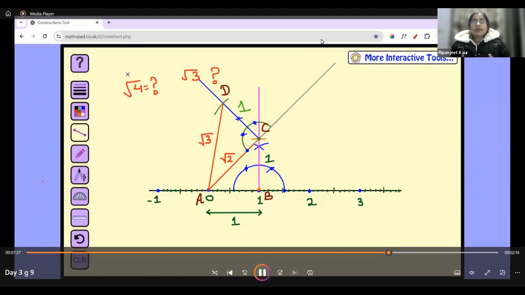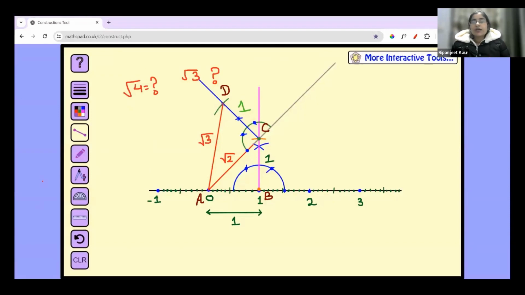Same, we extend this root 3 line further, and again by extending it, we make a perpendicular here like this, and then again we make a line of unit 1 and then join A point with the arc. We will get root 4. So this is how we can draw root 4 and so on. Root 5, root 6 and so on we can make, right?